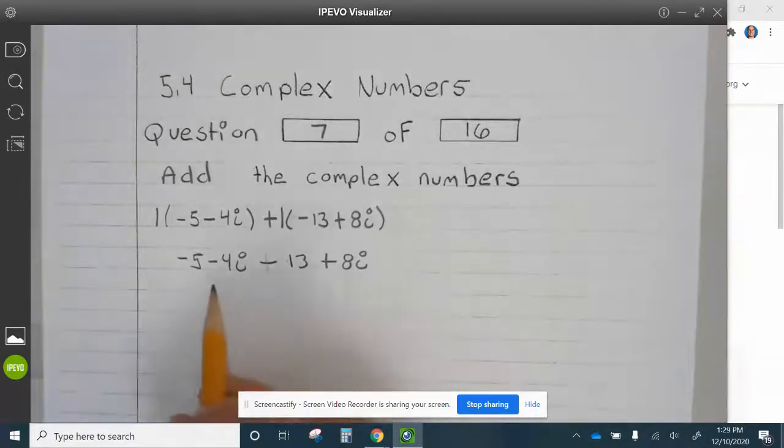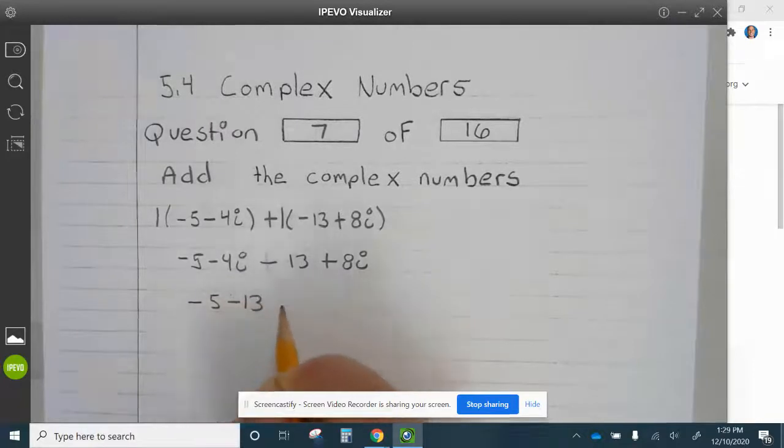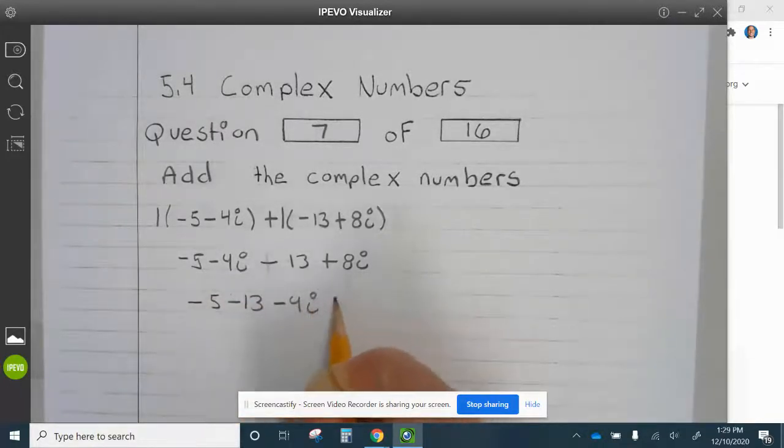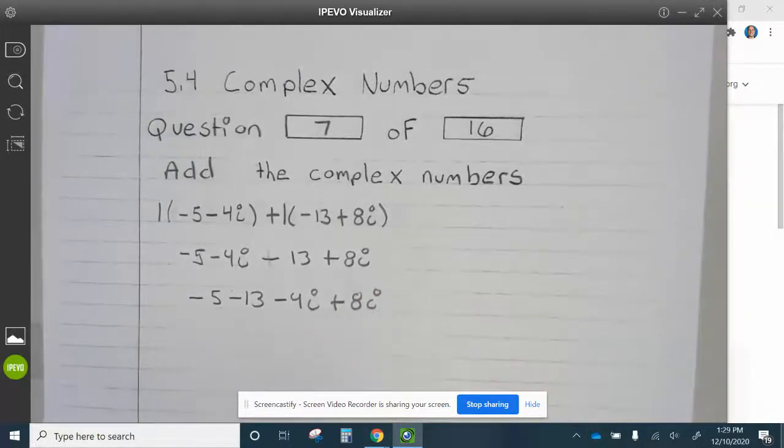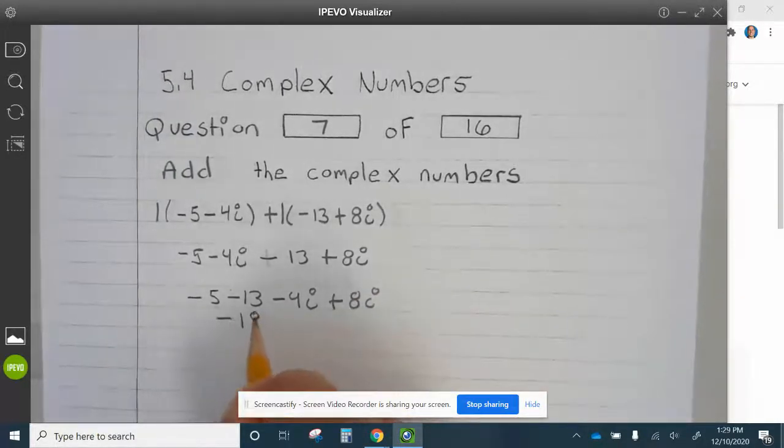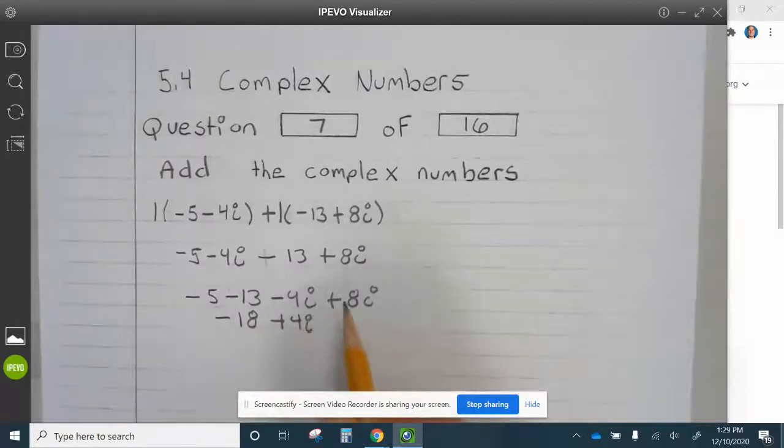Okay, now we're going to group the negative 5 and 13 together. So negative 5 minus 13, and then the minus 4i plus 8i. So that is negative 18 plus 4i.